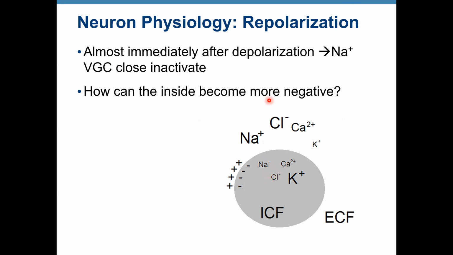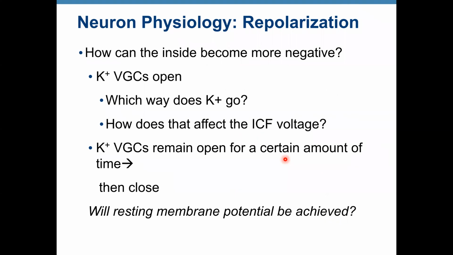How can the inside become more negative? Well, potassium VGCs open. When potassium VGCs open, we have so much potassium inside that potassium will go out, and when potassium goes out, we are losing positive charges. So what's going to happen with our voltage? It will go back to negative. And so we go now from plus 30 back to minus 55 and minus 70.